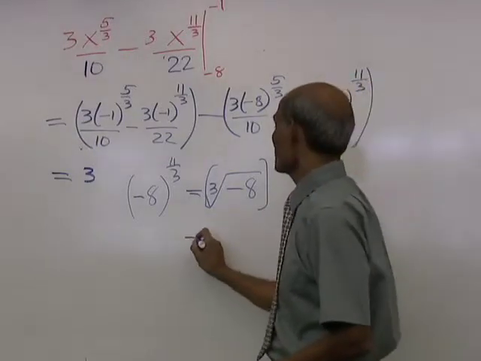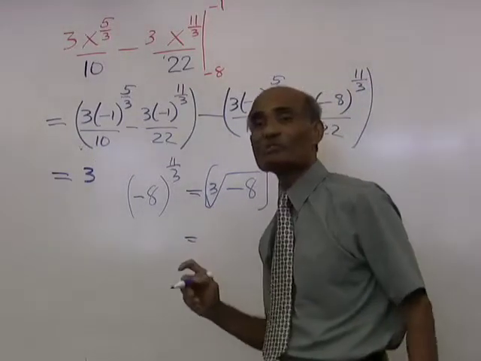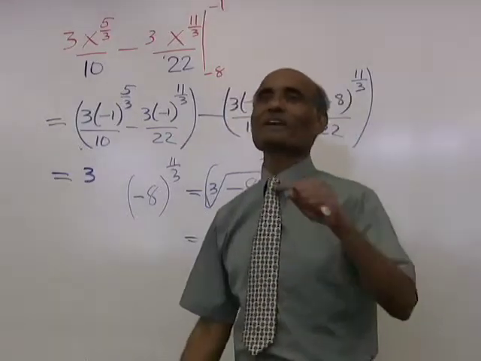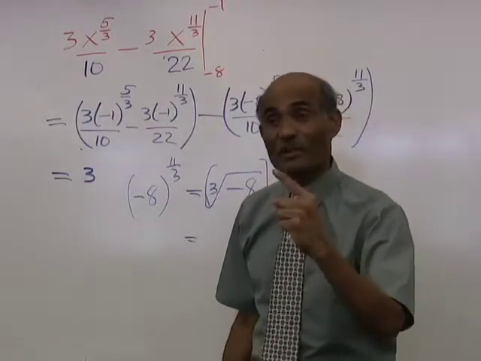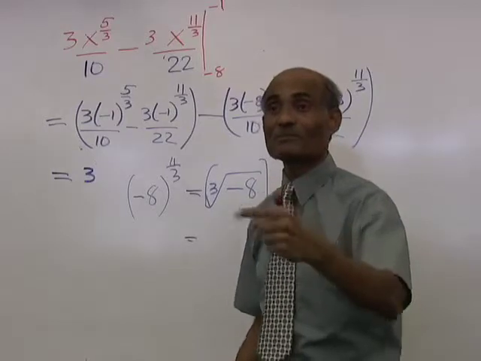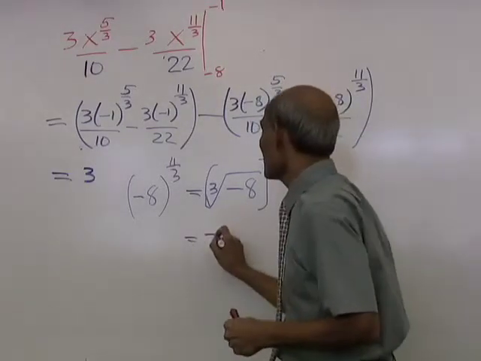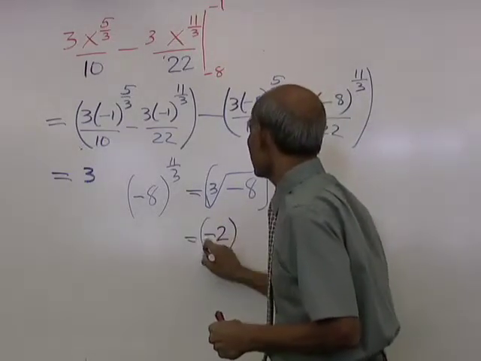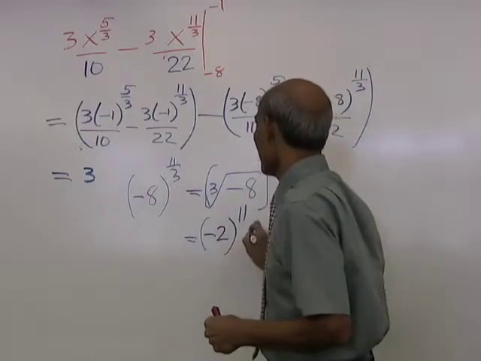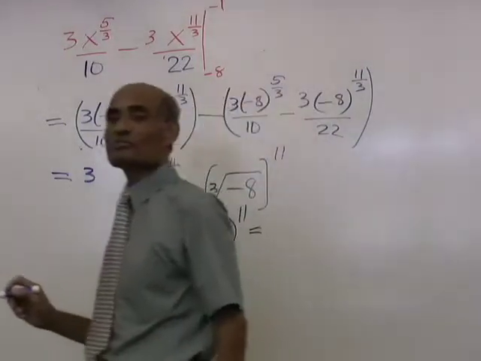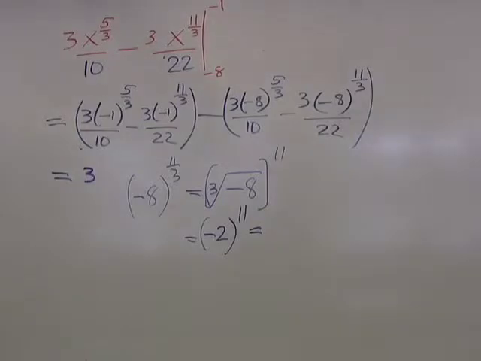What is the cube root of -8? Oh, I'm sorry, it is -2. -2 times -2 times -2 is -8. So this will be -2 raised to the power of 11. And what is -2 raised to the power of 11?